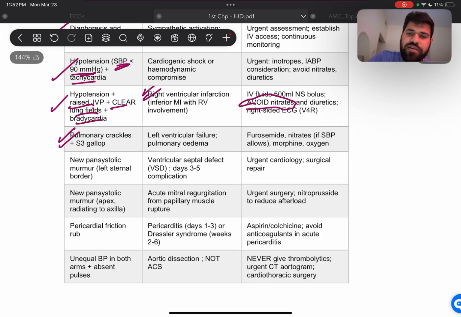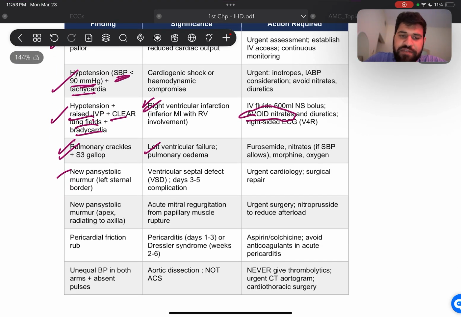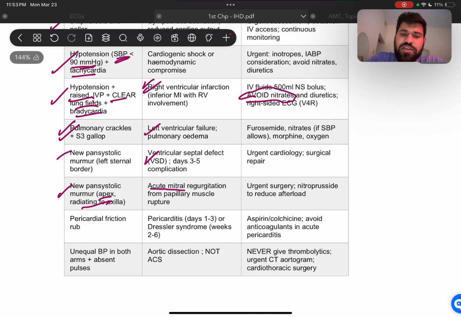So pulmonary crackles, S3 gallop, left ventricular failure, new pansystolic murmur, left sternal border pansystolic murmur. If it's pansystolic, there's something wrong with the septum, okay? So it could be ASD, VSD. So a pansystolic murmur at the left sternal border is going to be VSD. A new pansystolic murmur at the apex, radiating to the axilla, means there's going to be acute mitral regurgitation from papillary muscle rupture.